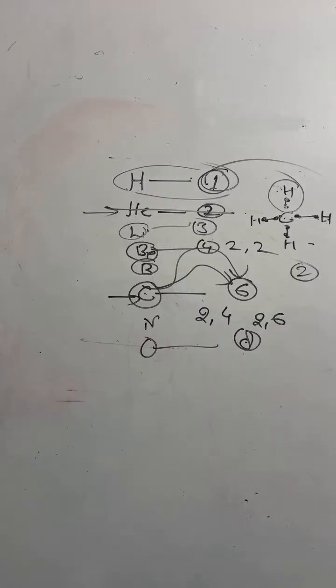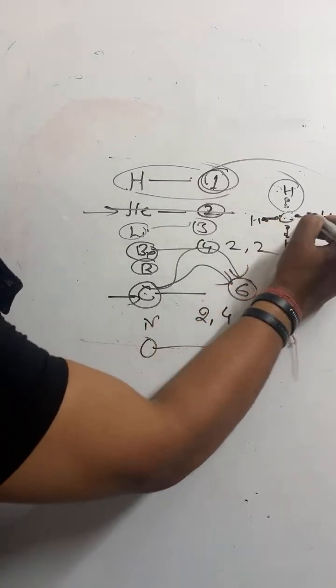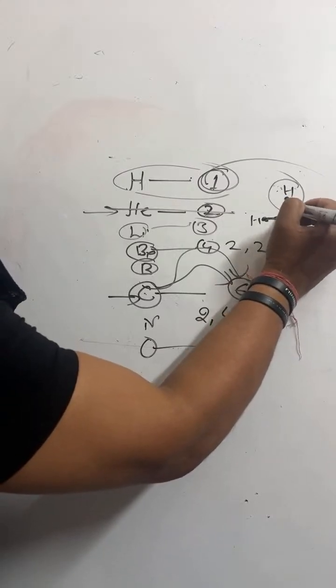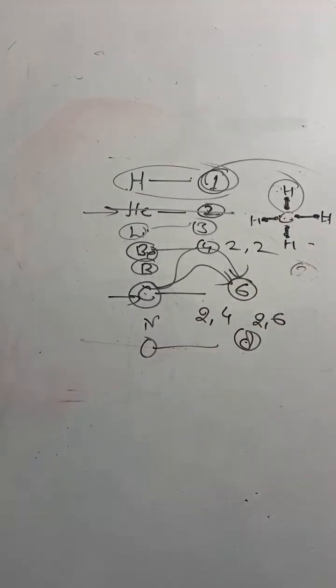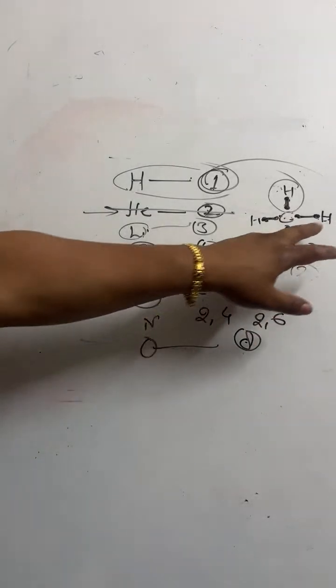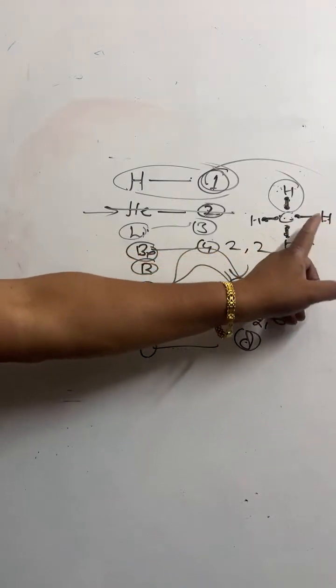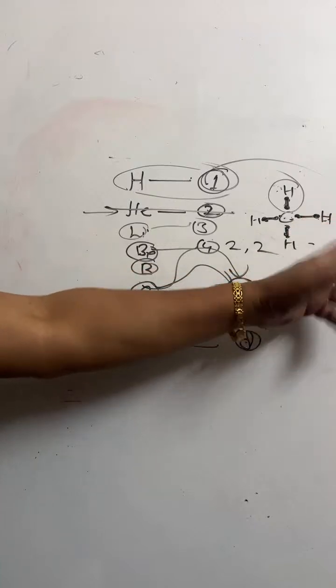This type of attachment, this type of combination, is called a covalent bond. Covalent bond means no electron is given permanently to the other. It is only shared. If you go to the home of this hydrogen and ask how many electrons he has, he will say this and this is mine, meaning it has 2.